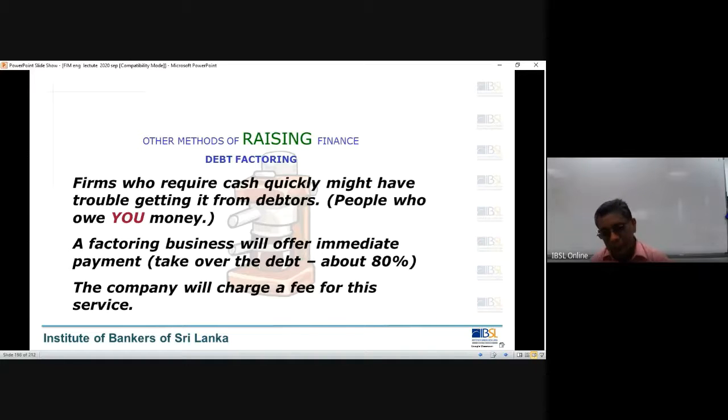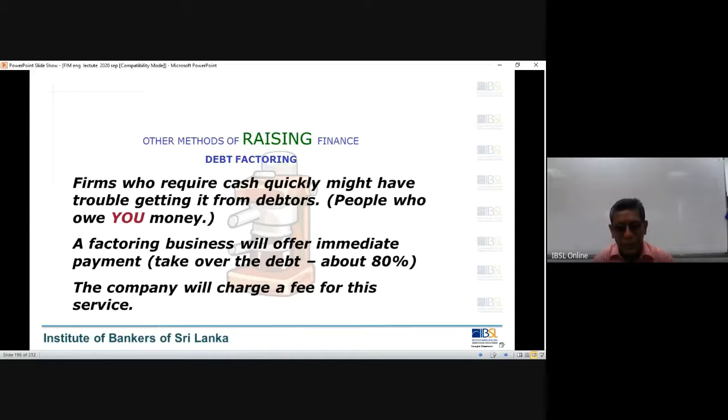After three months, the debt factoring company collects the full 100,000 from the debtor, so their margin is 20,000. But one advantage is that the company gets the money without waiting three or four months, and the debt collection is all taken care of by the debt factoring company.